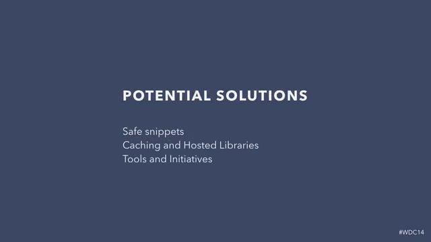And then I want to present a few potential solutions, such as some safe snippets that you can literally copy and paste, and you're safe. I want to talk a bit about caching and hosted libraries, because that has been a debate when it comes to third-party scripts and performance improvements. And then some tools and initiatives, because there have been some great initiatives started around promoting the importance of third-party scripts and how to include them.